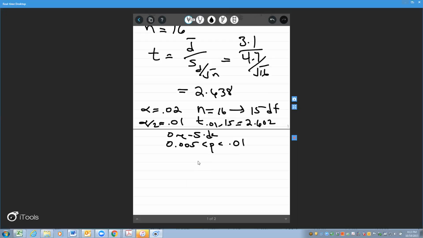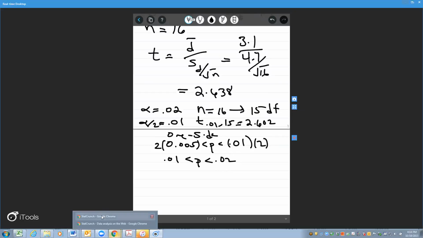In order to get both sides, I have to make sure I multiply that by 2, which gives me 0.01 is less than p is less than 0.02. So my overall p-value is less than 0.02, or somewhere between 0.01 and 0.02.